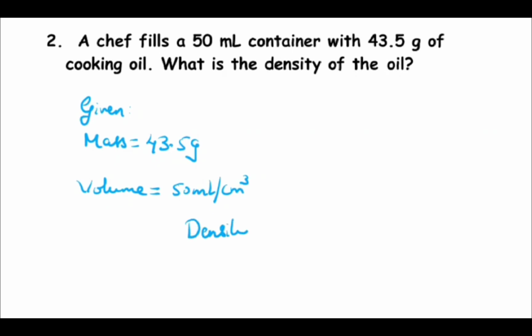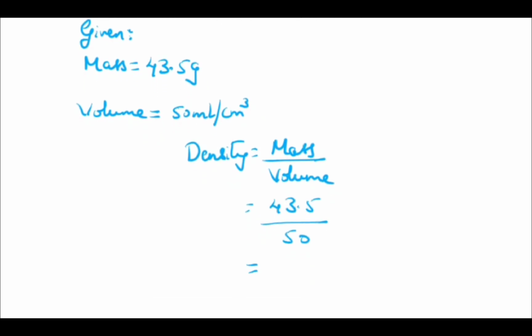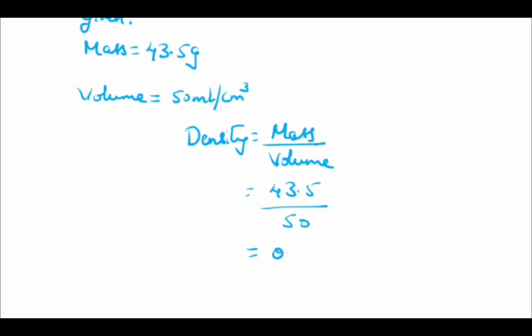Density is equal to mass upon volume, which is equal to 43.5 upon 50, which is equal to 0.87 gram per centimeter cube.